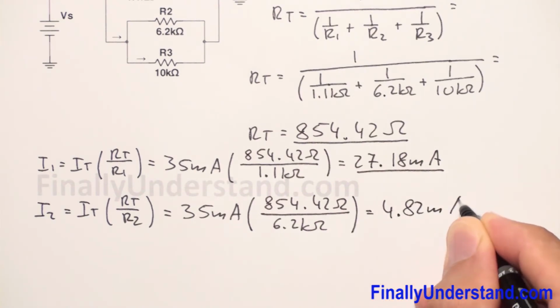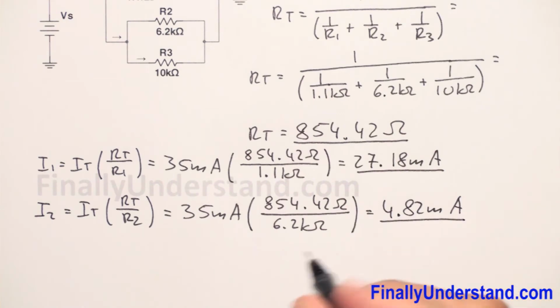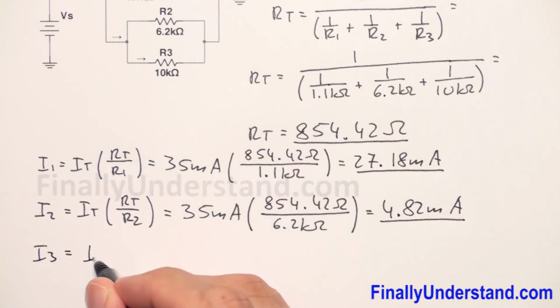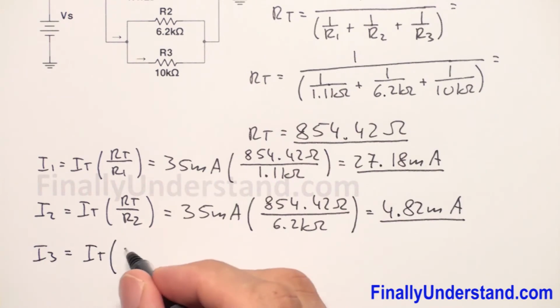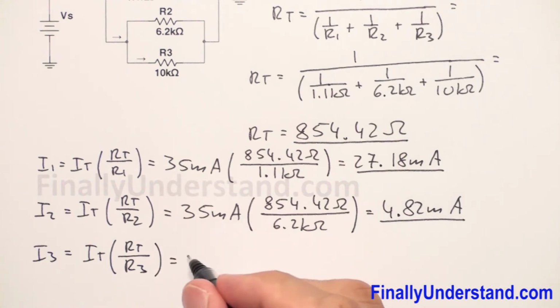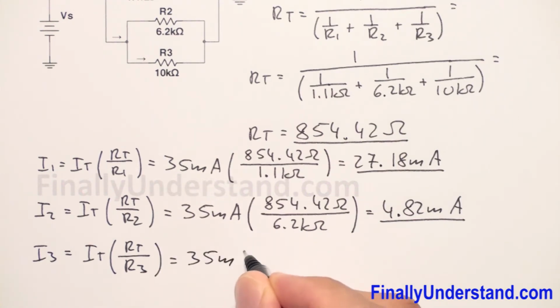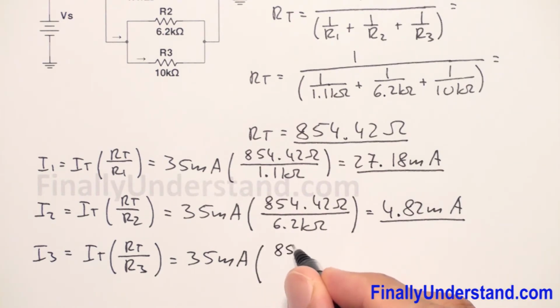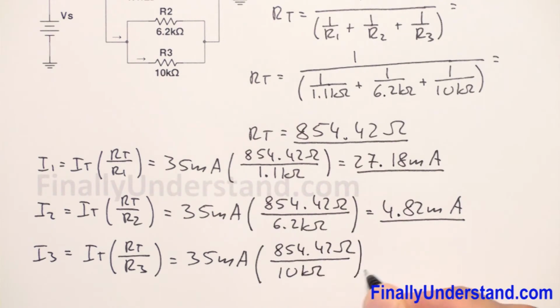Next I have to find I3. I3 is equal to I total times R total over R3. This is equal to 35 milliamps times 854.42 ohms divided by 10 kilo ohms.